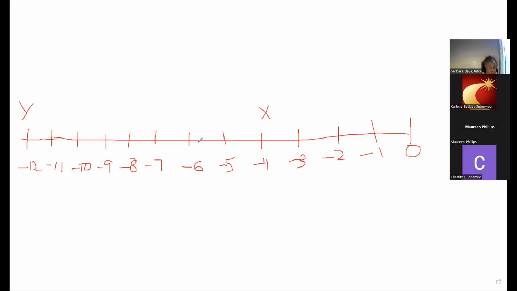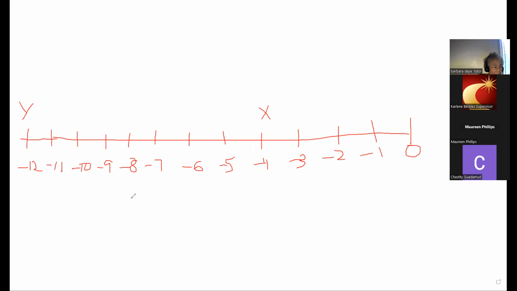So if you count these, Maureen, you could just really say 12 minus 4 is 8. So the distance between X and Y is 8. And you can see them: 1, 2, 3, 4, 5, 6, 7, 8. Okay.